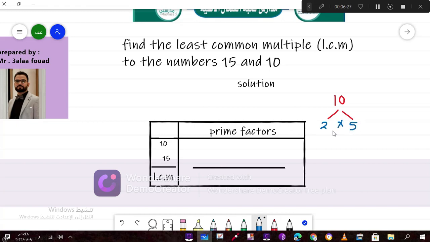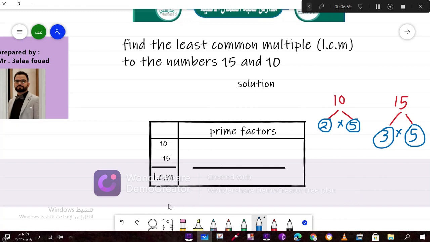Then circle the prime numbers, or prime factors. And 15 is 3 times 5. Circle the prime factors. Next, we make a quick table of the prime factors using columns.